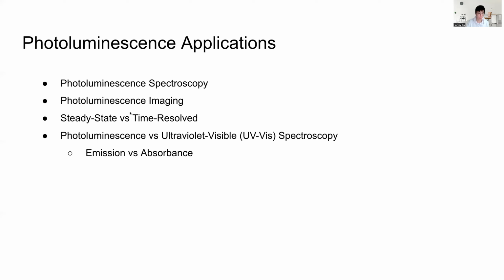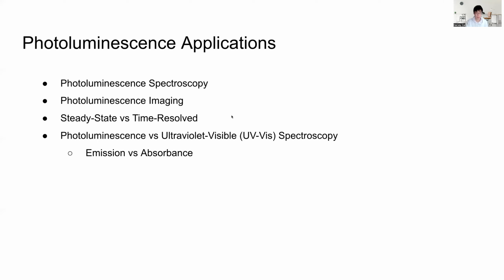Another method that is used is called photoluminescence imaging, where we can construct images of the materials at different levels and layers, so we can have a more direct look at the materials' defects and structures.